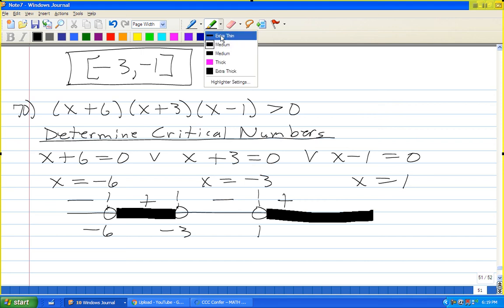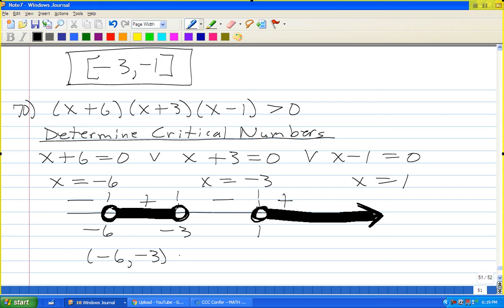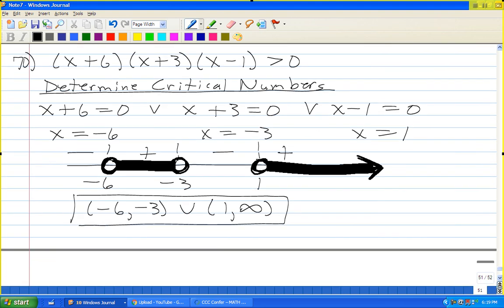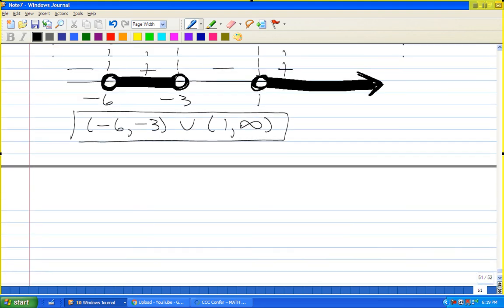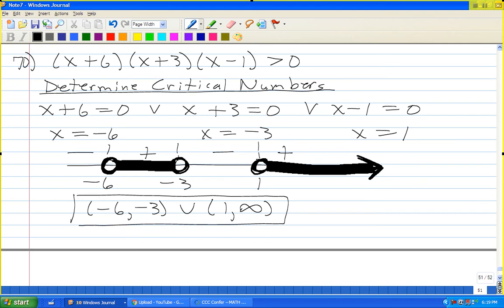I want this to be strictly greater than 0, so I don't fill in the critical numbers. So I'll leave those critical numbers open. So in this case, it's the union of two open intervals: negative 6 to negative 3, union the interval from 1 to positive infinity. Okay. Let me do problem number 71.